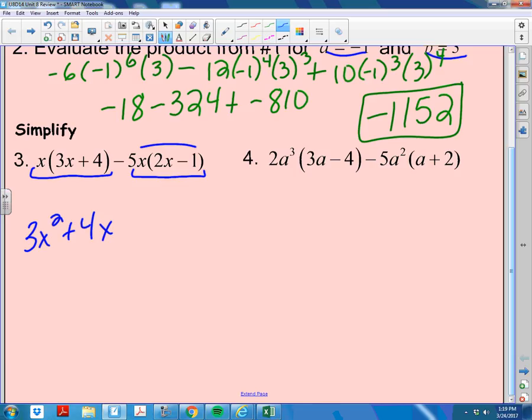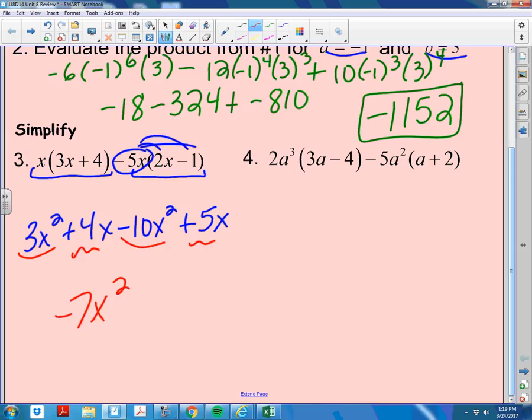So what I would really do is distribute this to both your numbers, and you end up with minus 10x squared plus 5x. I have like terms here and here, which is -7x squared, plus 9x, and I am done. -7x squared plus 9x. Spencer?